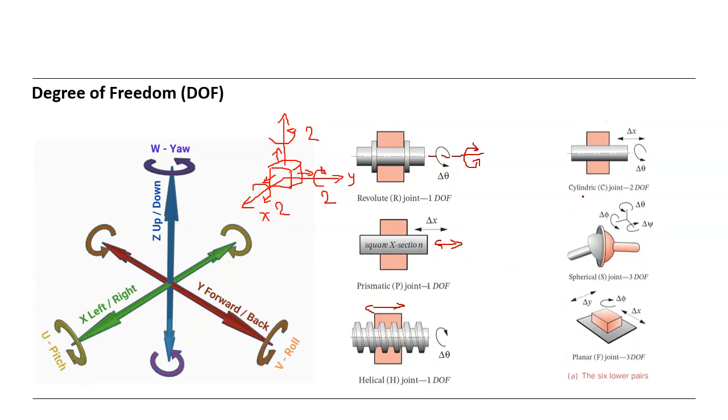In case we have a cylindric joint, you see there are different types of joints. Between the members in the machines, there are joints and they could be different types of joints. But mainly we use the revolute joint and the prismatic joint. Sometimes also the helical joint.